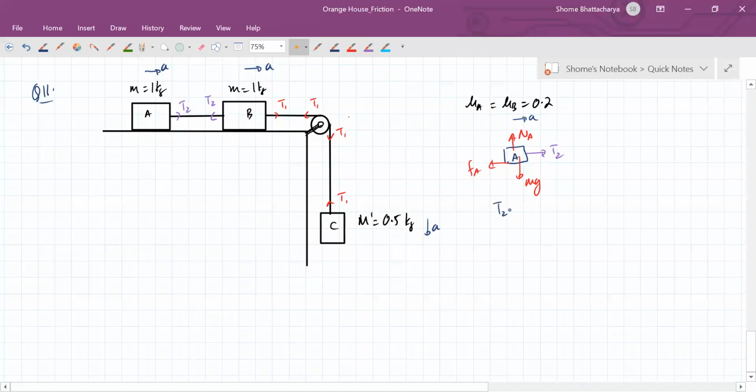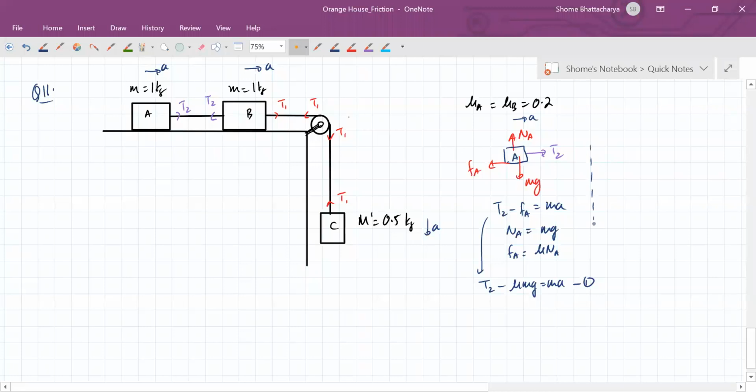So T2 minus friction is mass into acceleration. Normal reaction is equal to mg. Friction is equal to mu N. So this equation becomes T2 minus mu mg is equal to ma.